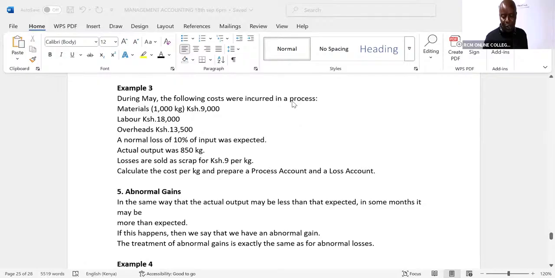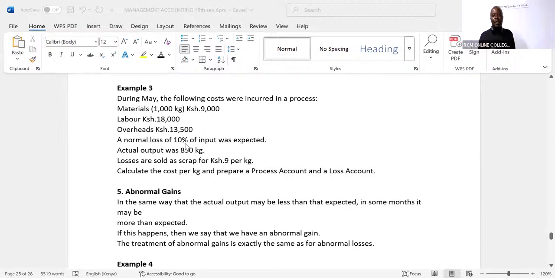Materials were 1,000 kilograms, which cost us 9,000 Kenya shillings. Labor was 18,000, overheads were 13,500. Normal loss is 10% of the input, which was expected. Actual output was 850 kilograms. Losses are sold as scrap for Kenya shillings 9 per kilogram. So they want us to calculate the cost per kilogram and prepare a process account and a loss account.